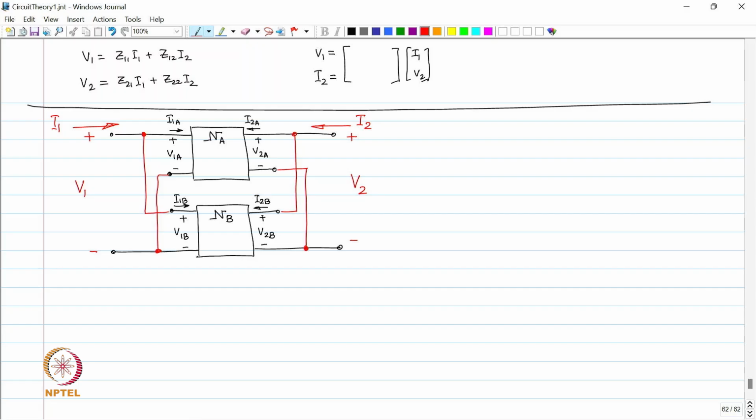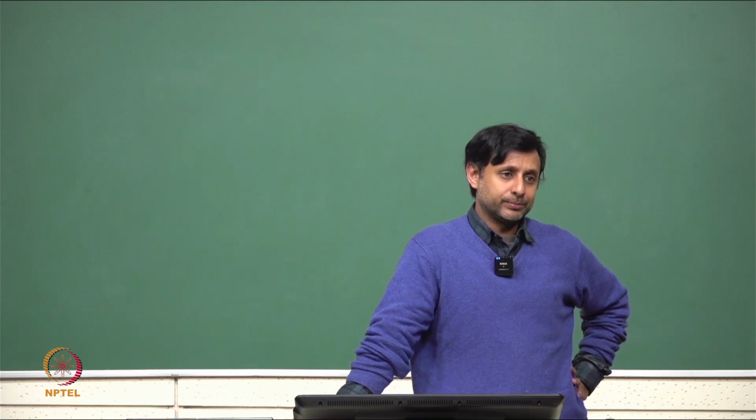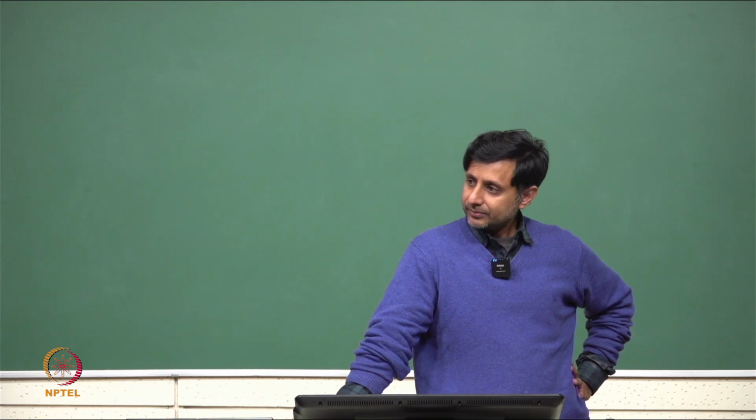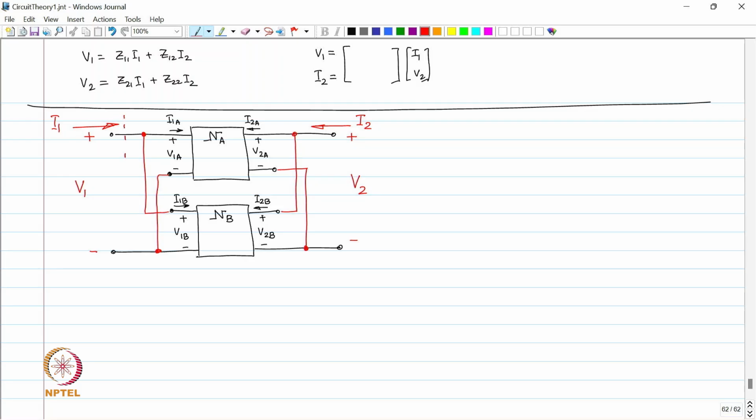The question is, what are the 2 port parameters of the whole thing, V1, I1, V2, I2? Whole thing means this big network. Okay. So, let us make a few observations. What is the relationship between V1, V1A and V1B?